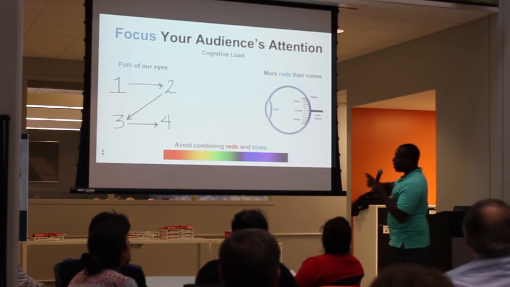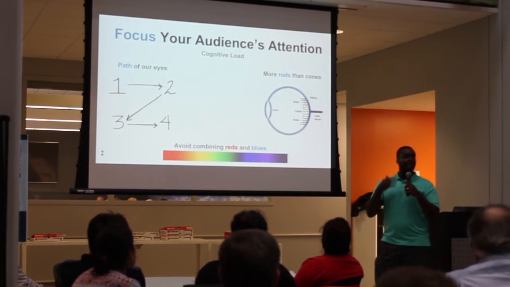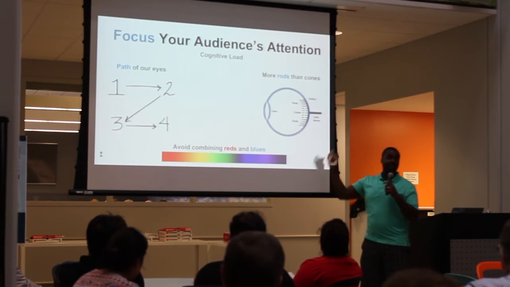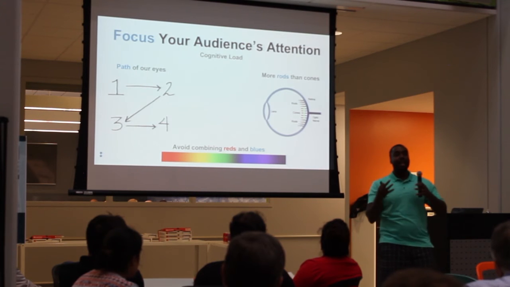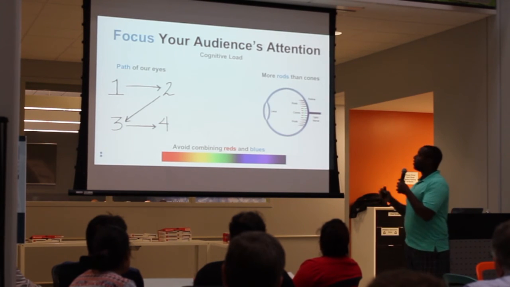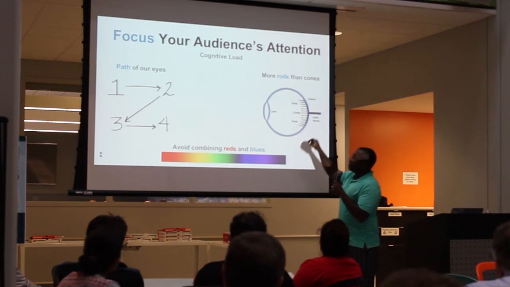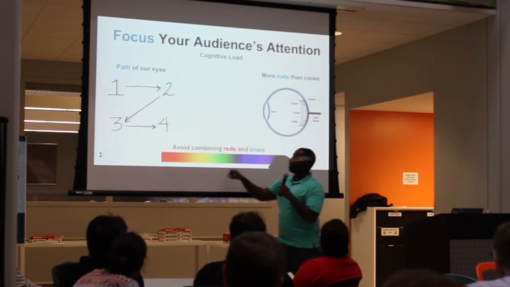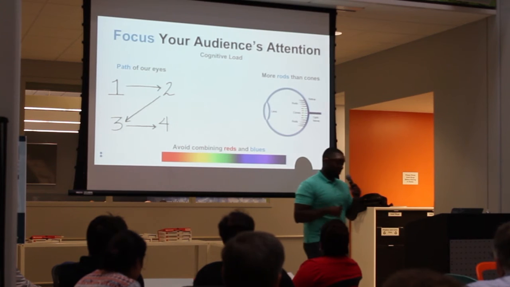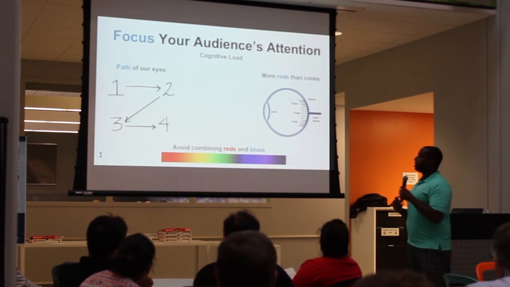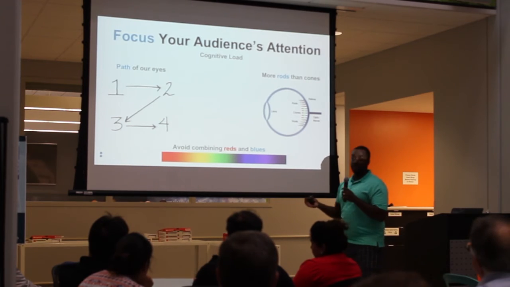And they just changed the brightness of the colors throughout. That's a lot easier for your eye, because you have 3 million more rods than you do cones, so the rods are happy, they can figure out the difference. But if you have websites with a bright blue and a bright red, that might be really taxing on your eye, because the wavelengths for blue and red are very different.